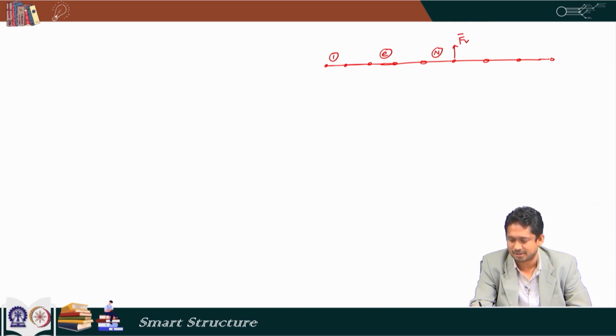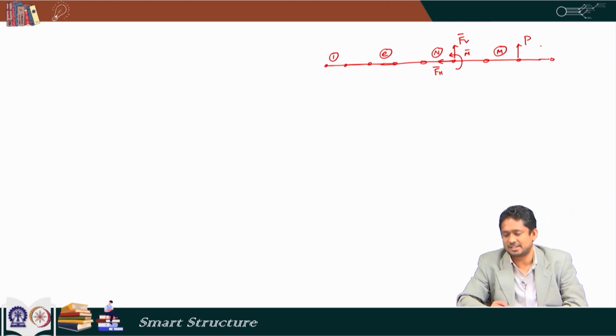So, I have F b bar here, I have F h bar acting here, and I have the moment m bar acting here, and let us say we have element number m, and at the end of element number m we have an externally applied force P acting here.